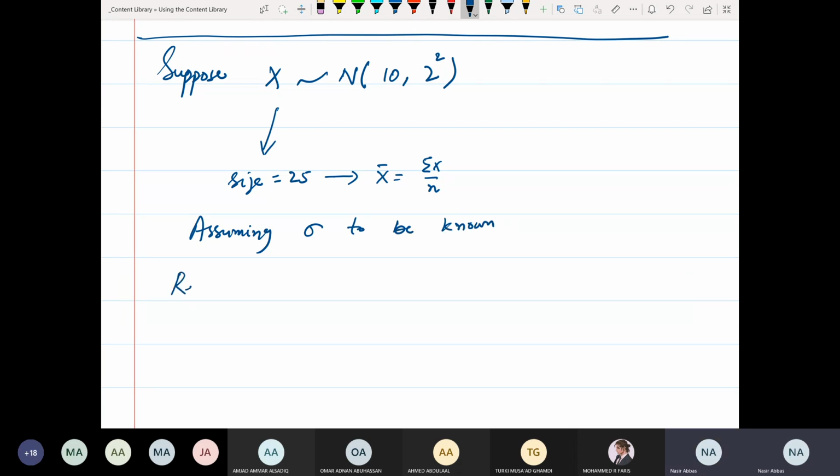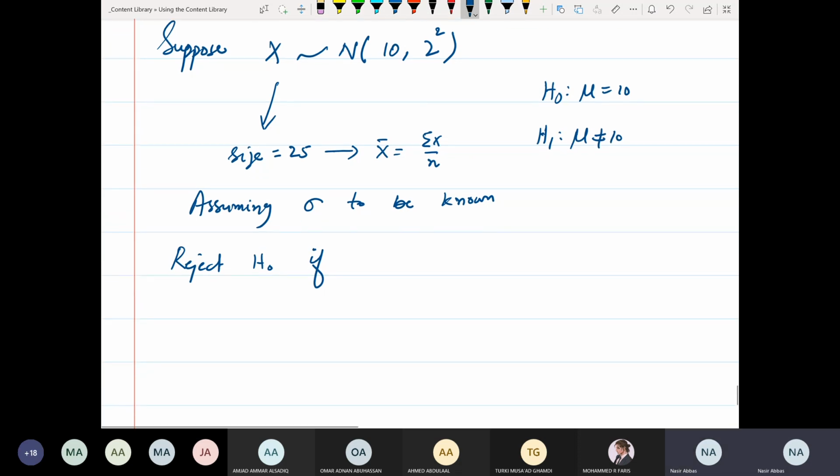I will reject H naught. By the way, my H naught is, let us say, mu equals 10 against H1, that mu is not 10. I will reject H naught if my X bar is, no, I will reject if it is outside.